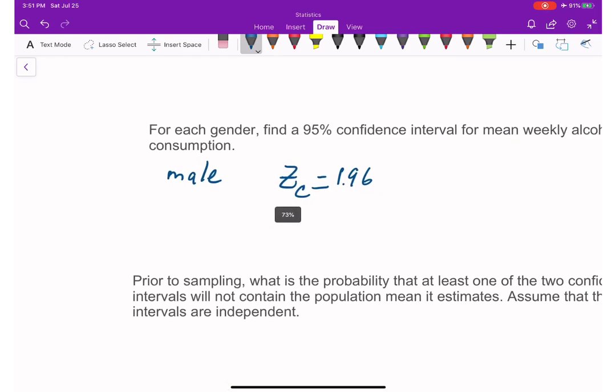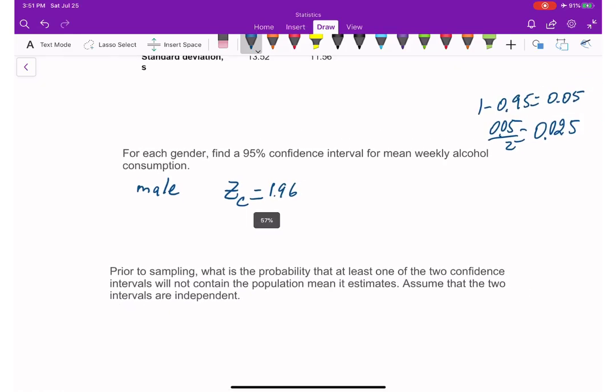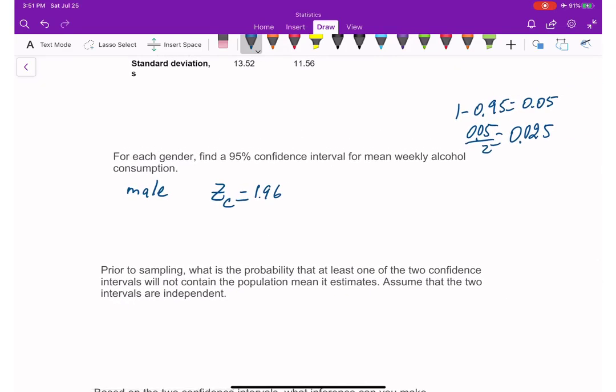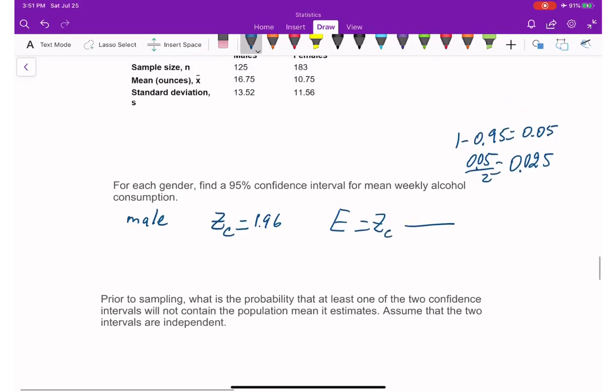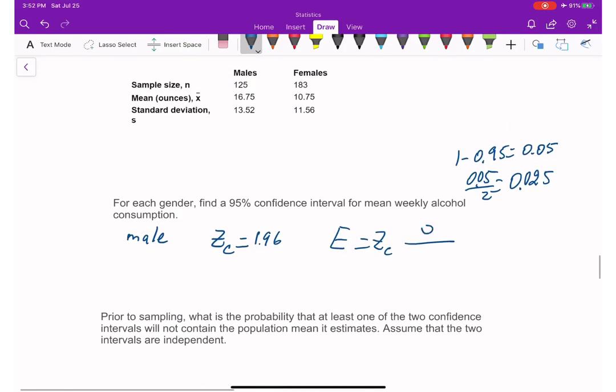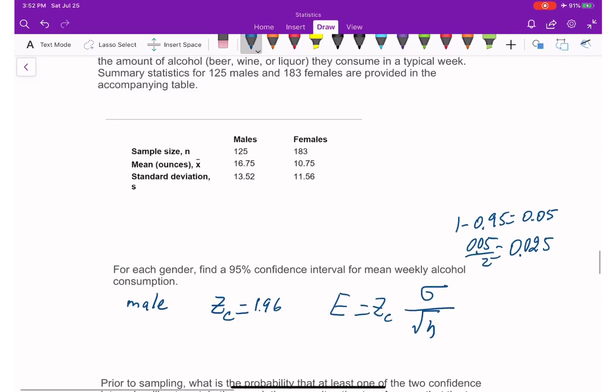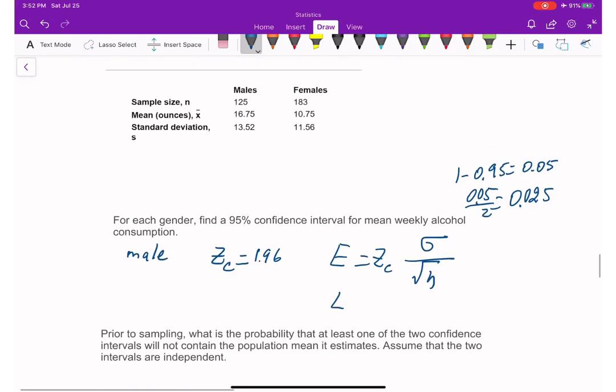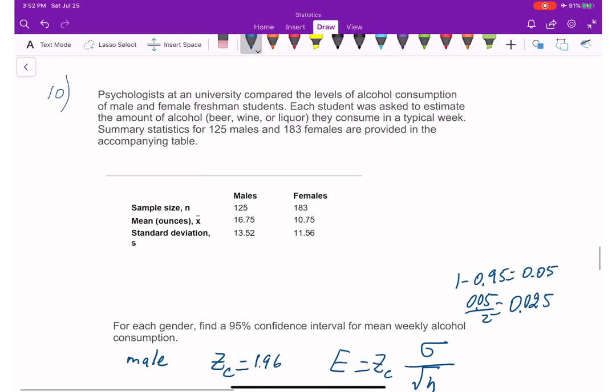All right, so our margin of error is going to be Z critical times sigma over square root of n. So E is equal 1.96 times, how much is sigma?